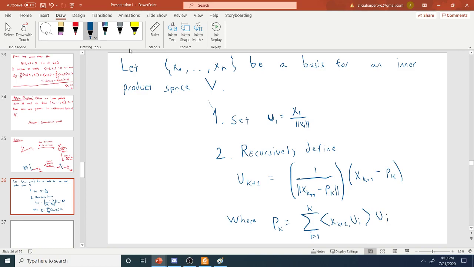So this pk here corresponds to the projection of xk plus 1 onto the subspace of all the previously defined ui's.